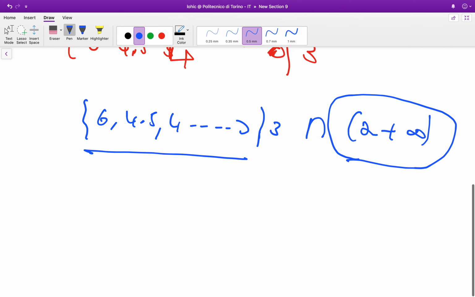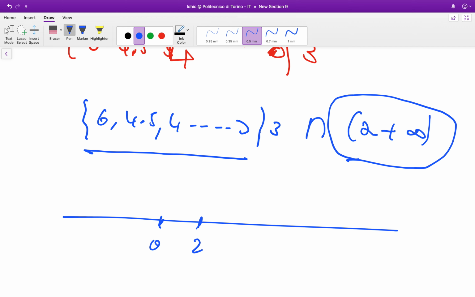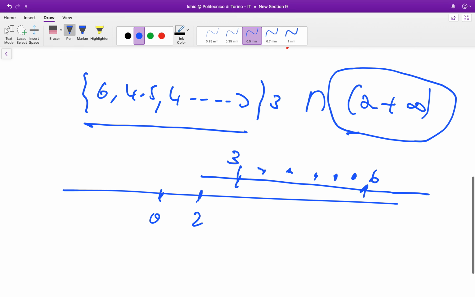It is like taking the interval from 2 to plus infinity and picking some numbers inside it, like 6 and 4, down to 3, starting at 6. What do you observe?